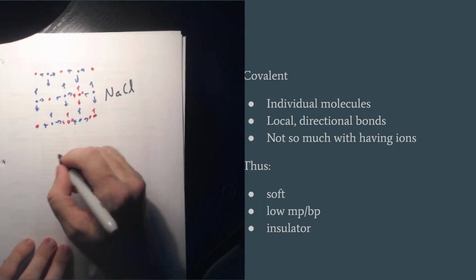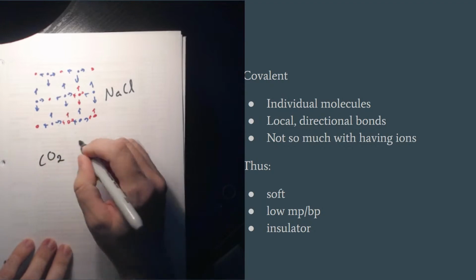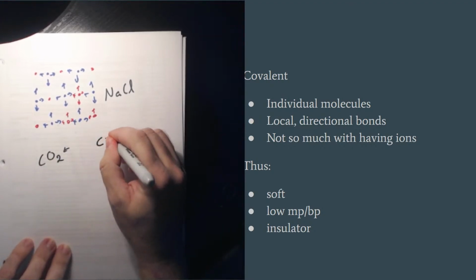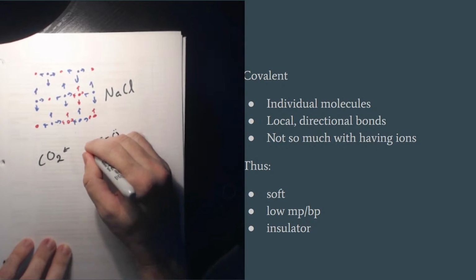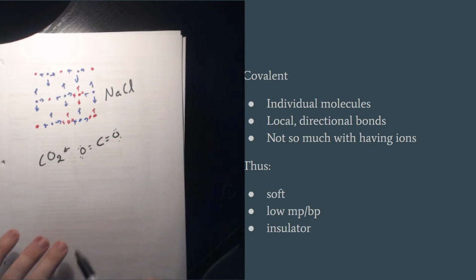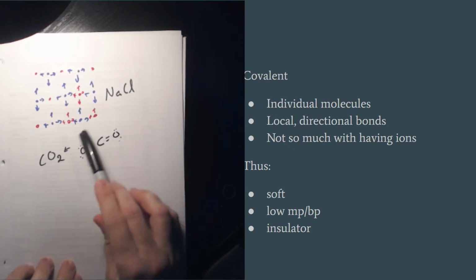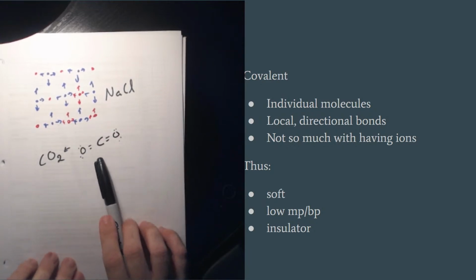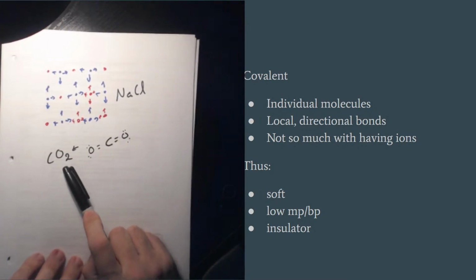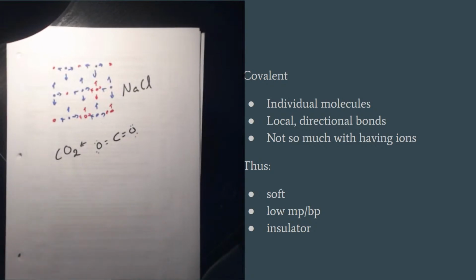On the other hand, if you have CO2, this actually represents a molecule where you have a single carbon atom bound to 2 oxygen atoms. And that's it. It is actually talking about this specific unit of matter, okay, a single individual molecule. So ionic compounds, this is a ratio. Covalent compound, this is an actual molecule.